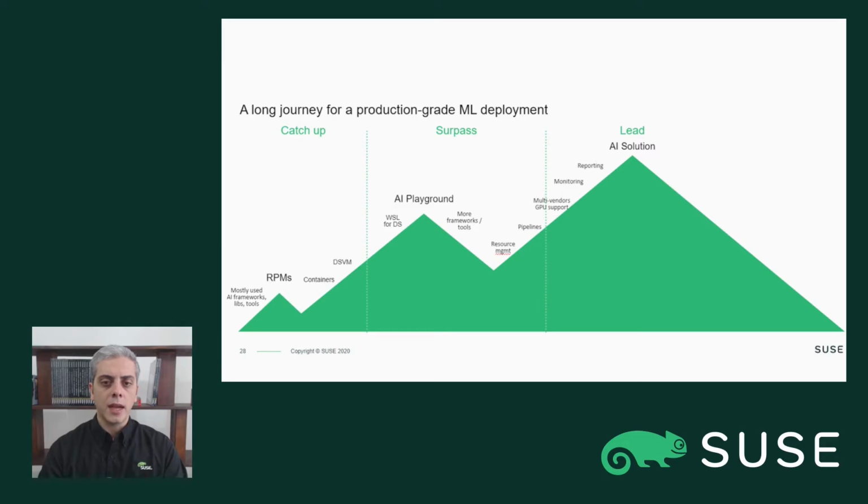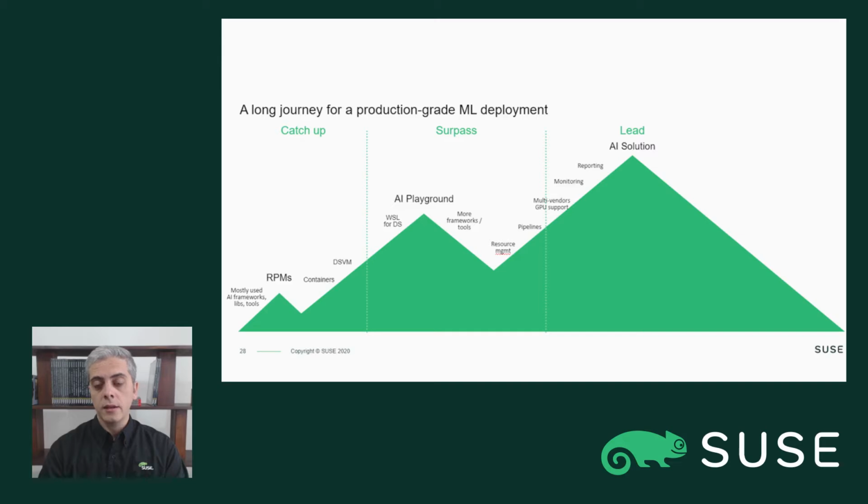So we tackled the first peak by looking at the most used artificial intelligence frameworks today: libraries, tools, all those software components which are being leveraged by data scientists to accomplish their goals.